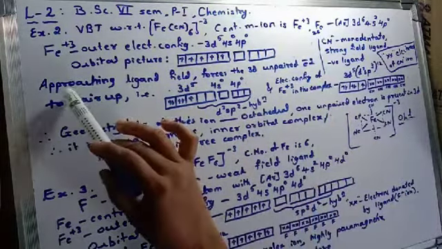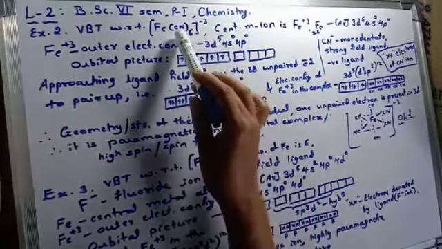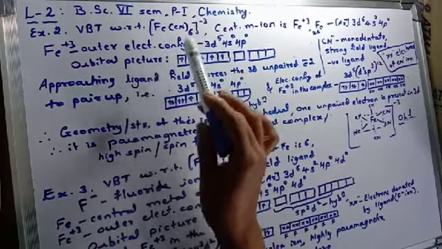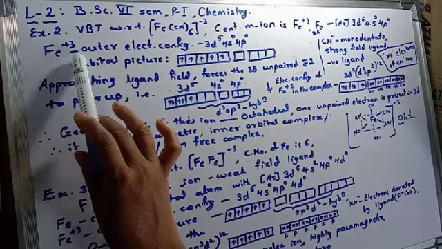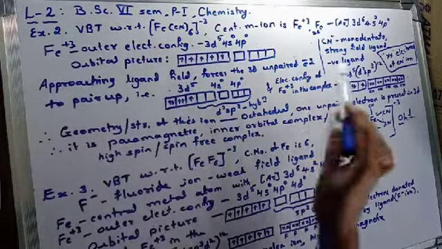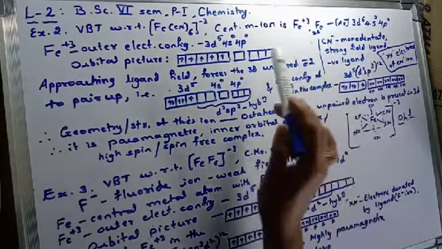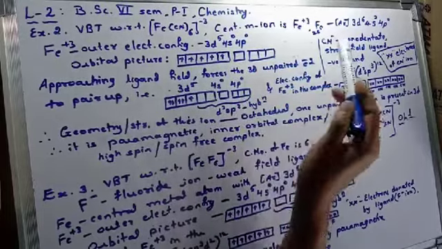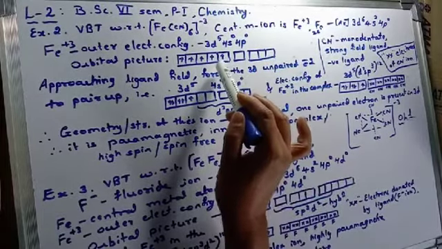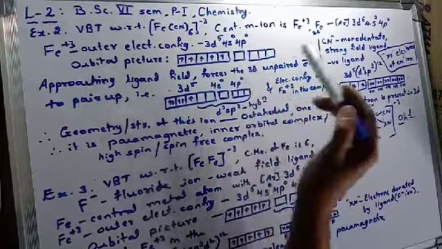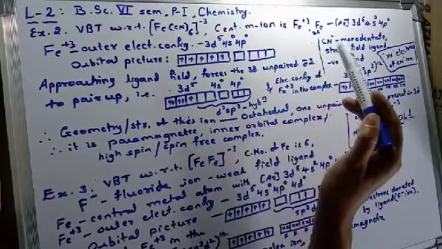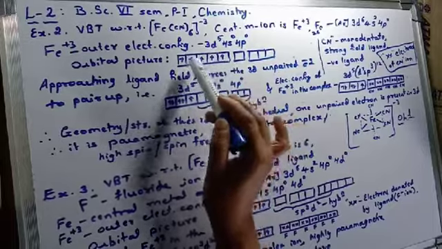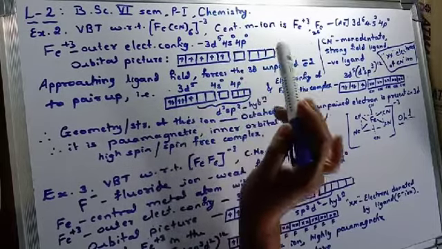Now when the ligand field created by the 6 ligands, that is 6 cyanide ions, approaches the central metal ion, as you know it is a strong field ligand, it forces these electrons. When the electrons of cyanide interact with the electrons of the metal ion, due to the strong field strength, it forces these electrons to pair up, which is against Hund's rule.